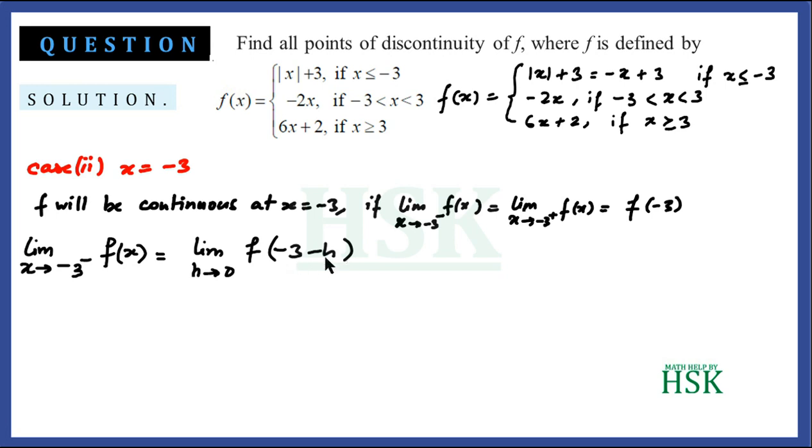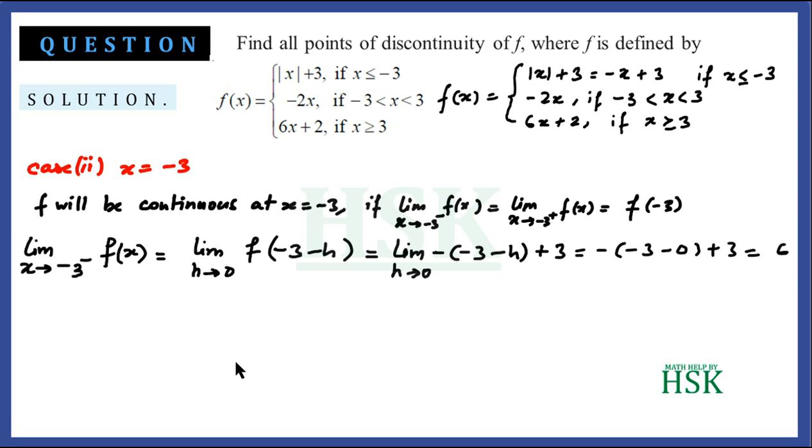Limit of x tends to minus 3 negative means that we are going to calculate the value of the function at the point minus 3 minus h, which is a value less than minus 3. So we are going to place minus 3 minus h in minus x plus 3, and this would be equal to limit of h tends to 0 of minus 3 minus h plus 3, and this simplifies to give me a value 6.